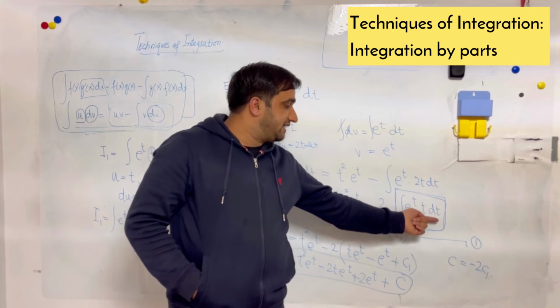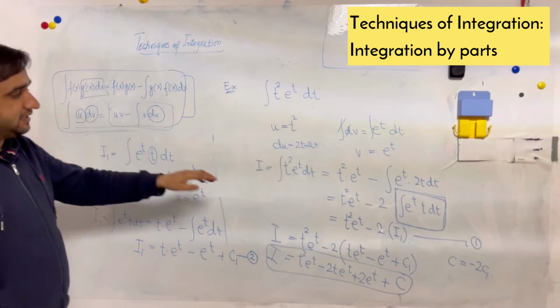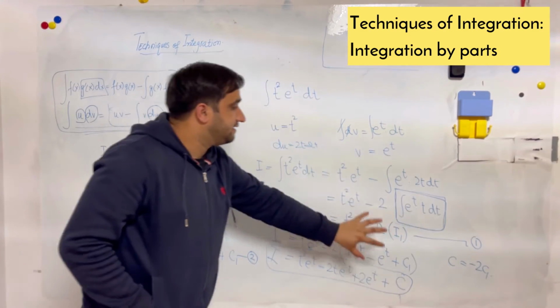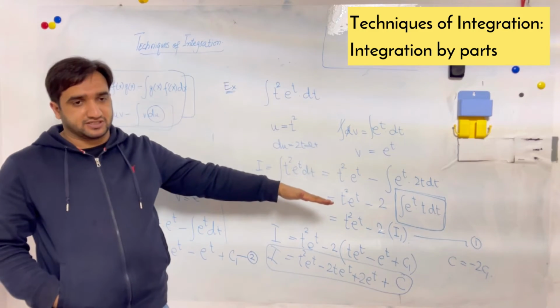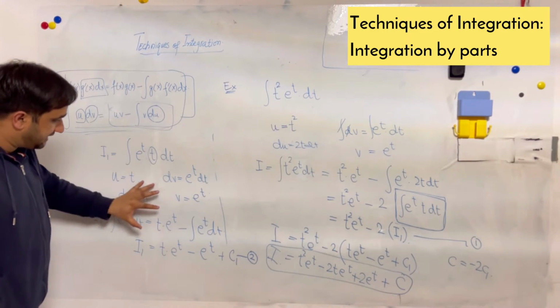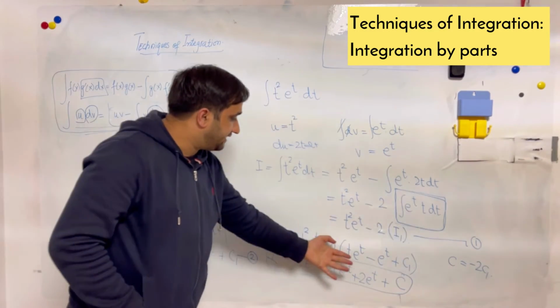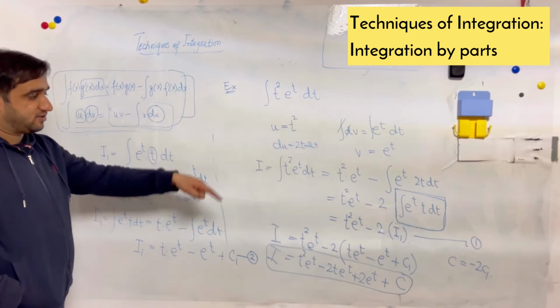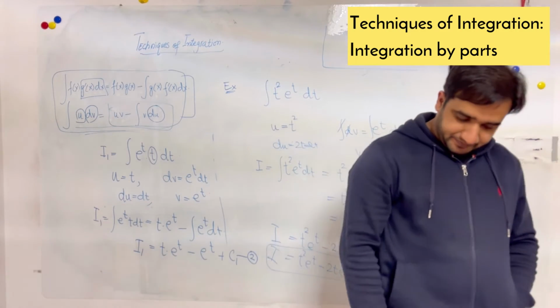So we have to apply the same product rule, the integration by parts, on the mini integral separately. Solve the mini integral with the same procedure, but separately. Whatever answer you get, put it back there, and that's your final answer. Is it okay?